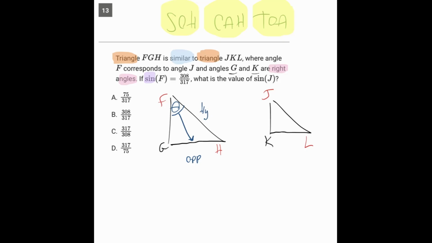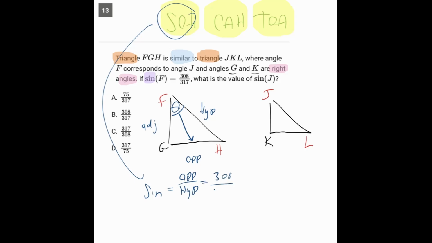The hypotenuse of a right triangle never changes, and the one left over, that's the adjacent. Now, right here, SOH, if sine is opposite over hypotenuse, and here we're told that that's 308 over 317, then the opposite can have the 308, and the hypotenuse can have the 317.